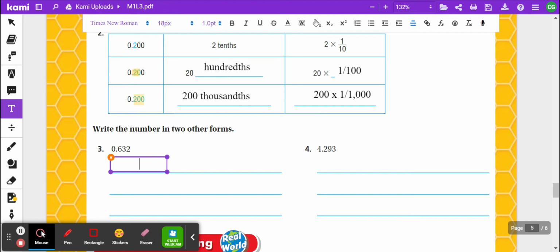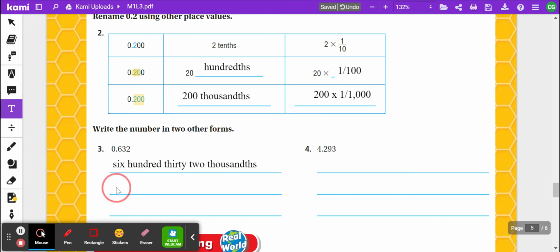I'm going to say the whole number, so it's 632, and then identify the place value of the digit in the last place value. So this is going to be 632, and that 2 lands in the thousandths place value, so that's how I identify that.